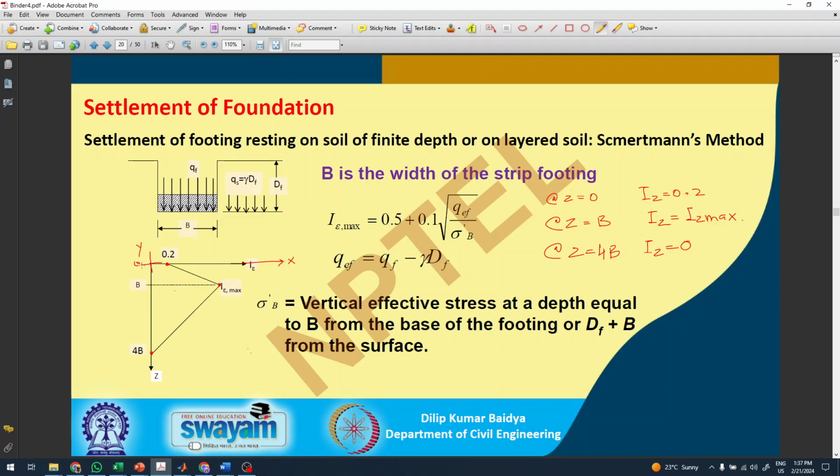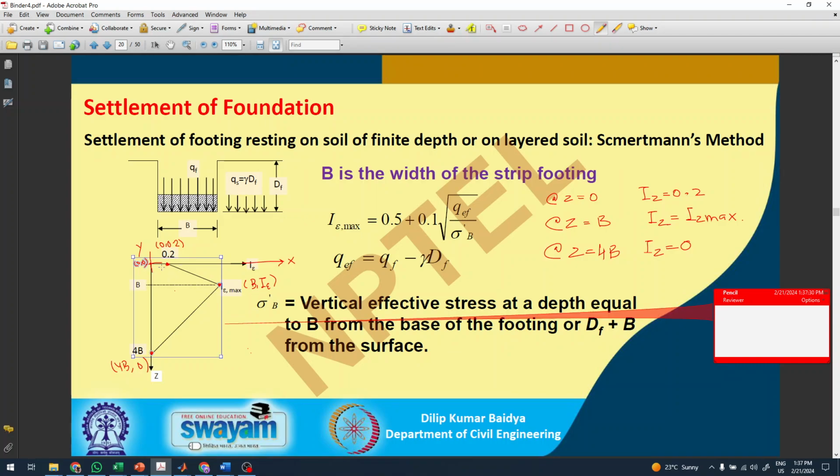Consider this as the origin. From here we can see the coordinates here will be 0, 0.2. Here they will be b, I max. Here they will be 4b, 0.